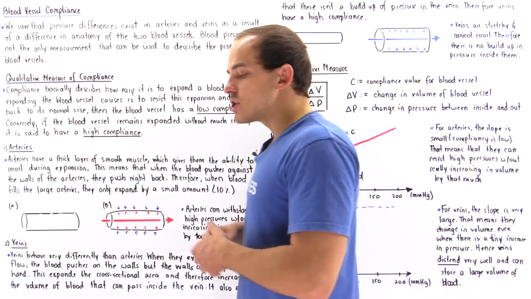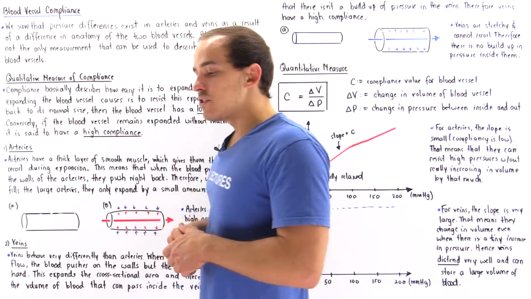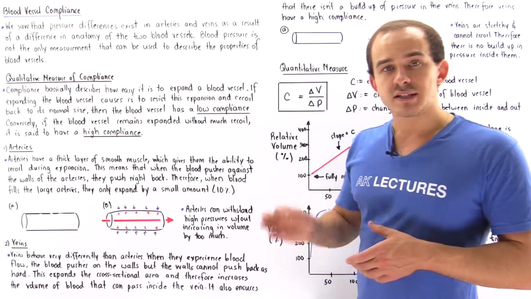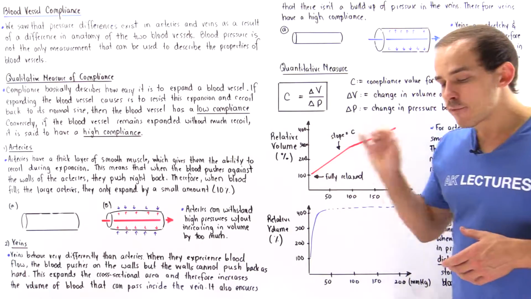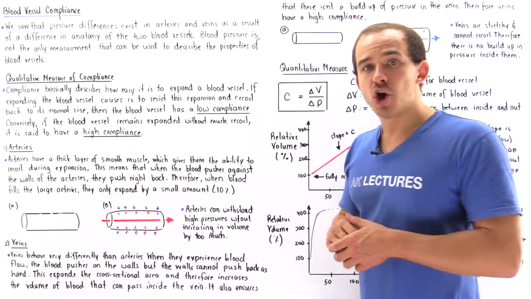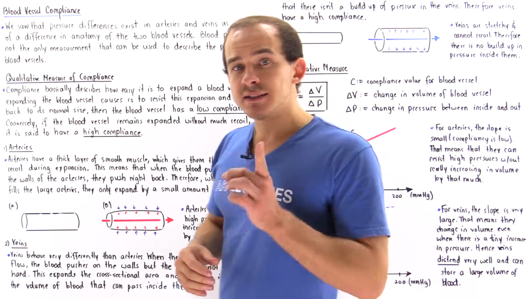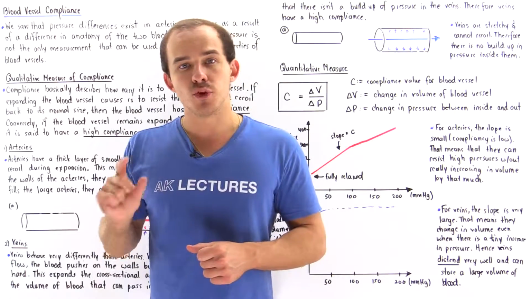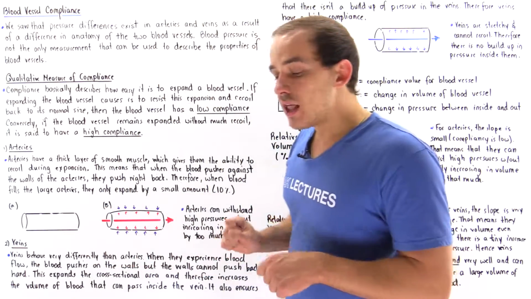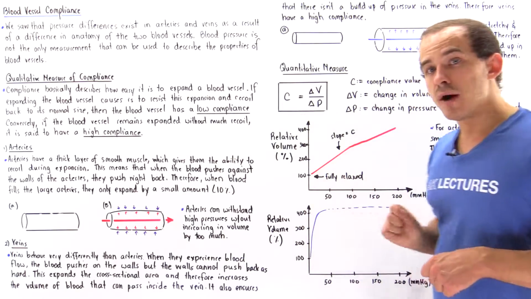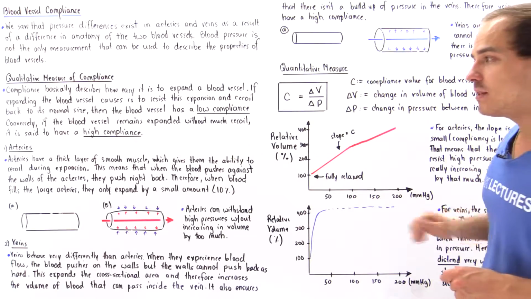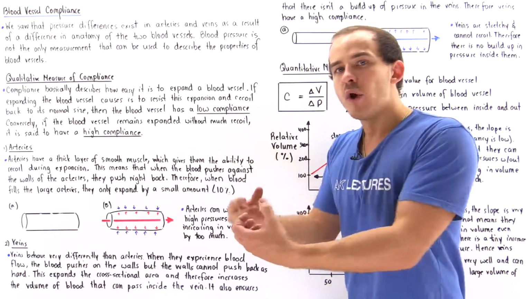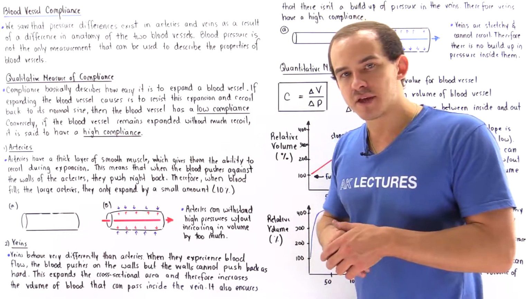Now, let's discuss arteries. Let's recall that the structure of arteries consists of three different layers. For arteries, the middle layer, known as the tunica media, contains a thick layer of smooth muscle. As a result of this thick layer of smooth muscle, it gives arteries the ability to recoil when we actually try to expand them.